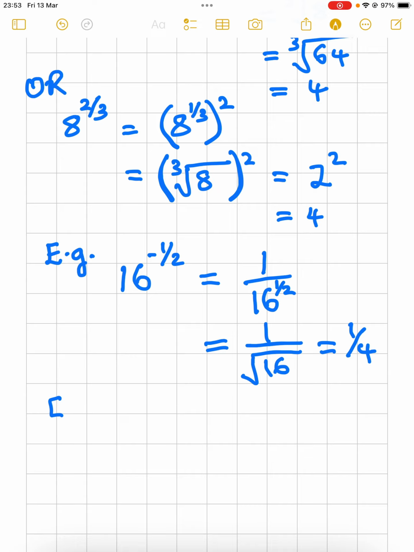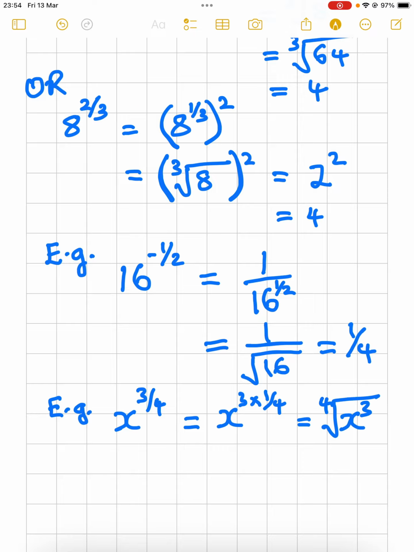Now consider this example also. x raised to power 3 over 4. This means x raised to power 3 multiplied by 1 over 4, which is the 4th root of x raised to power 3.